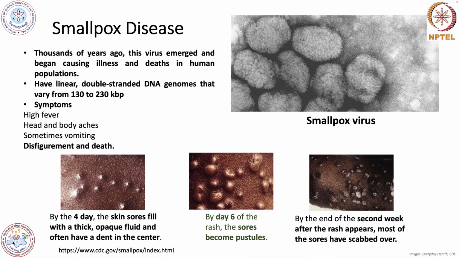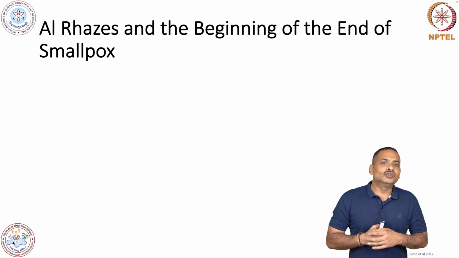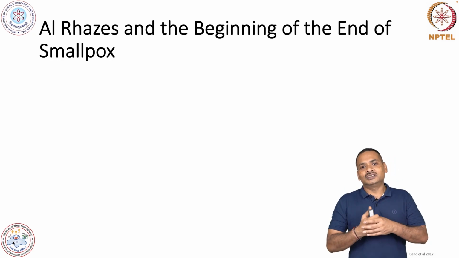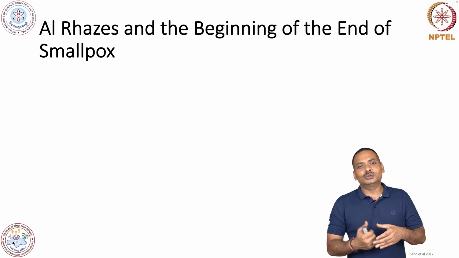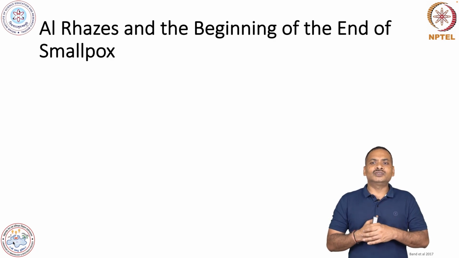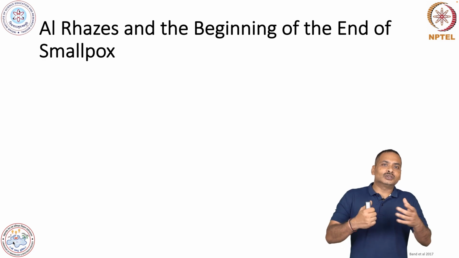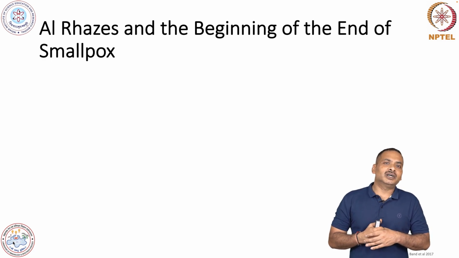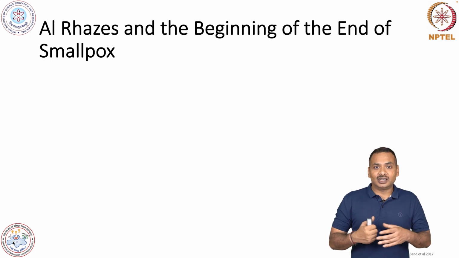So this is just a brief introduction to the smallpox disease. Now we will move on to how there was a beginning of the end of smallpox. This was initiated by Al-Razi.